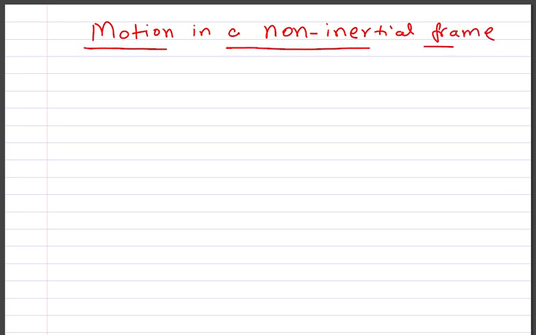Dear students, in this class we are going to study the motion of an object in a non-inertial frame. Note that it is a non-inertial frame. So what is a non-inertial frame? A frame which is not stationary and not moving with a constant velocity.